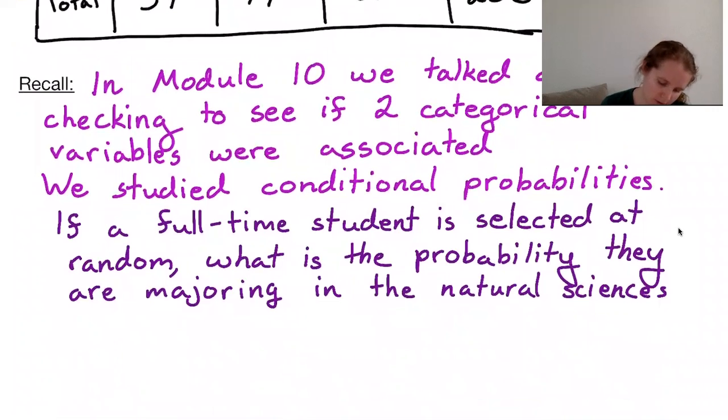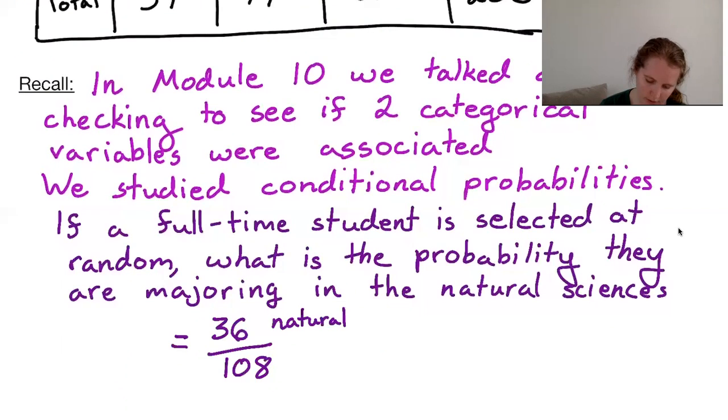So we would do the probability: 36 in the natural sciences out of the 108 full-time. If we put that in decimal form, we are looking at 0.33. That's actually precisely a third.